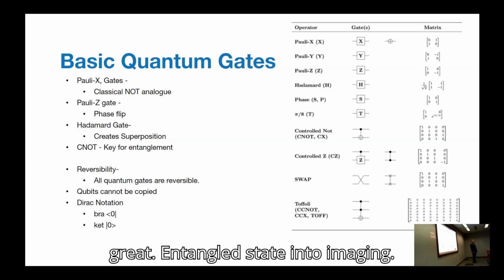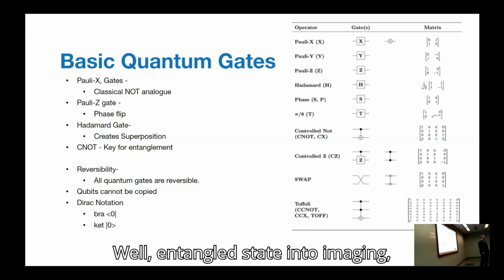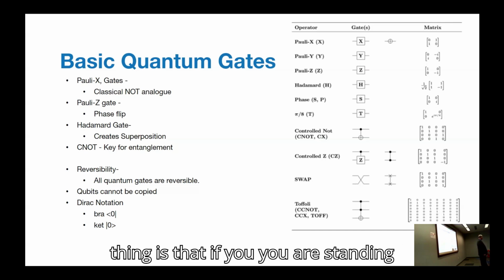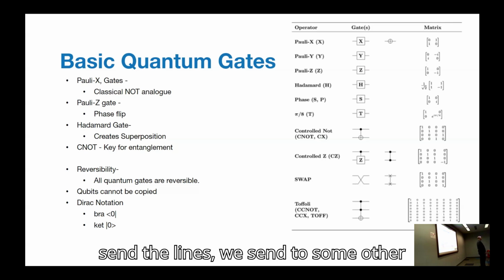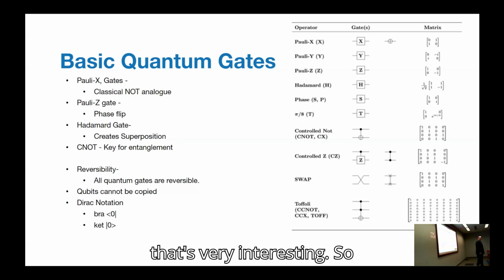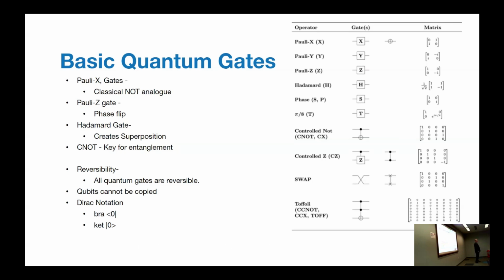Entangled states to do imaging. The most powerful thing is like if you are standing here, we do not send light through you, we send it to some other people. Or we can get the image. Oh, that's very interesting. So there are a lot of applications. Okay. Thank you very much.